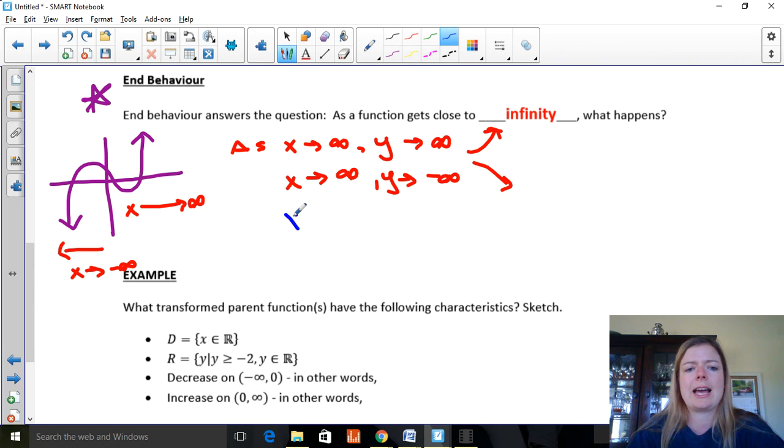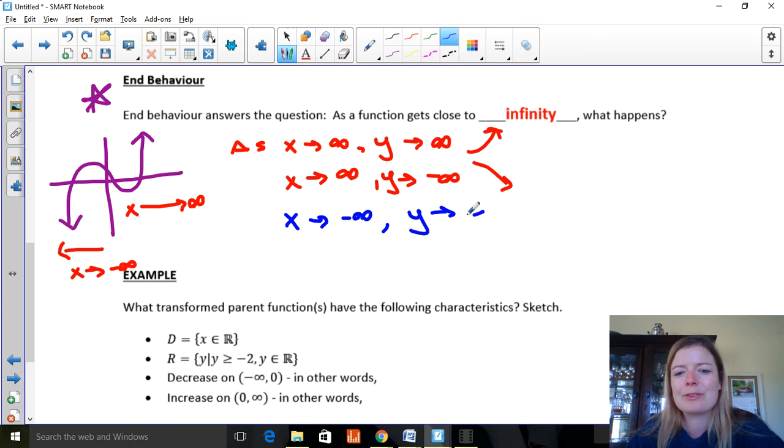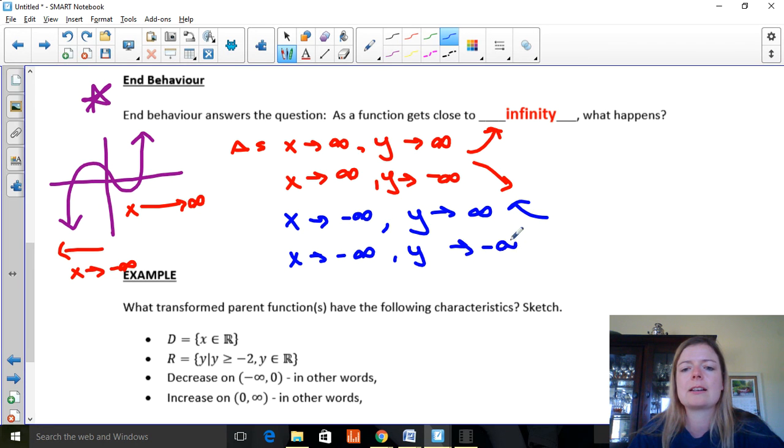If we say as x approaches negative infinity, so now I'm going to the left, y approaches infinity, that means it's going up this way. And as x approaches negative infinity, y approaches negative infinity, that means it's going down as you go to the left.